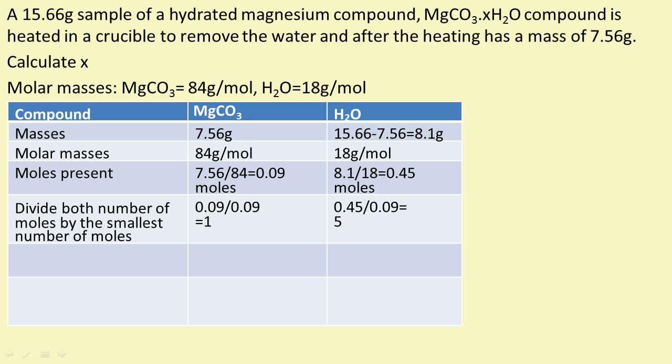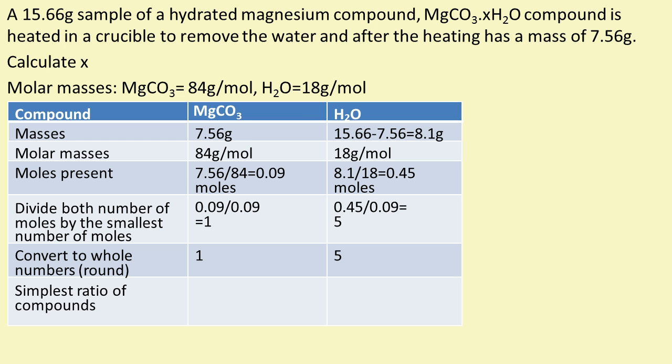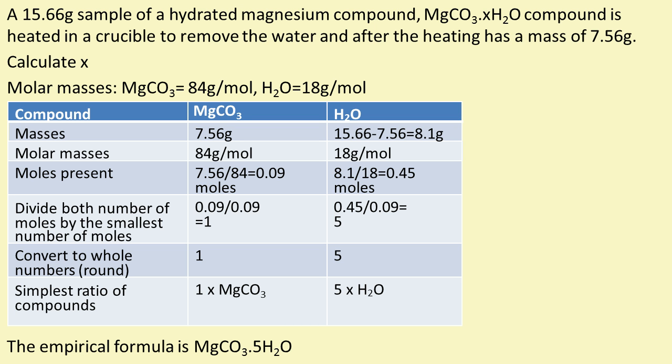This calculation gives us the result: there is 1 mole of magnesium carbonate to 5 moles of water. So the simplest ratio of compounds is 1 mole of magnesium carbonate to 5 moles of water. The empirical formula is MgCO3.5H2O.